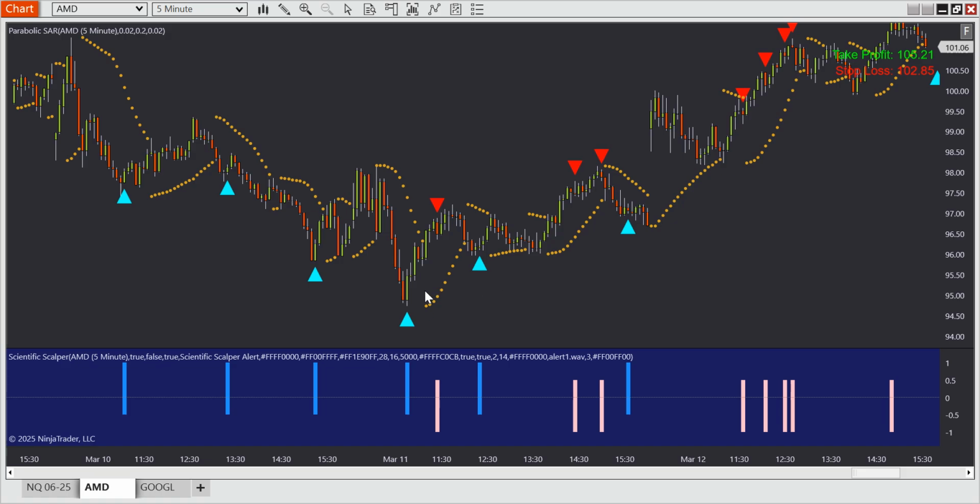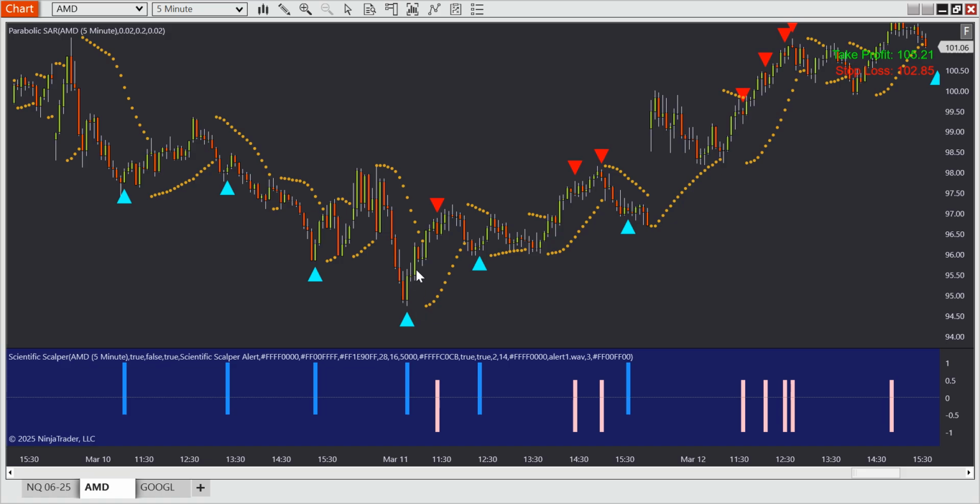So if you don't necessarily want to use a certain retracement tool to catch the retracements, or you want to try and get in early into the move, you could use a parabolic SAR and wait for it to confirm with the dots, as we see here on this buy alert.